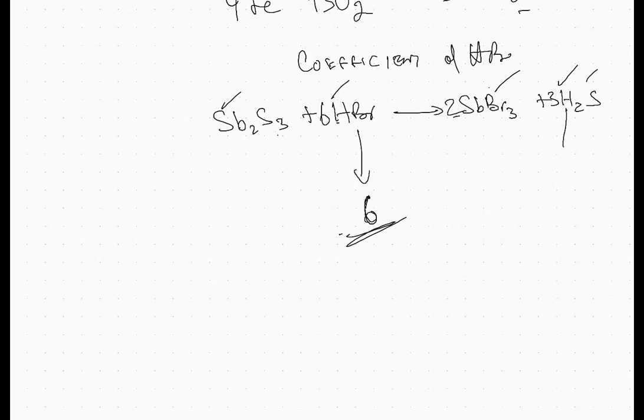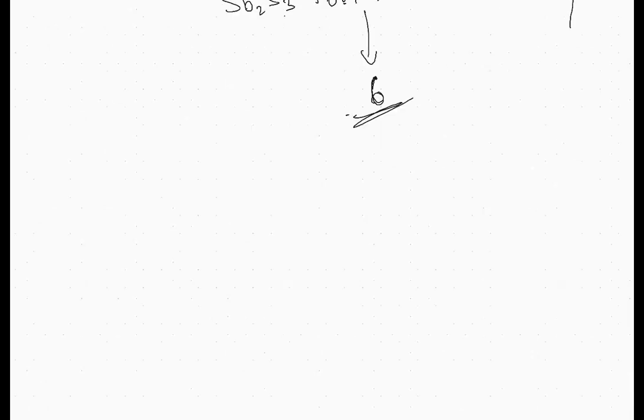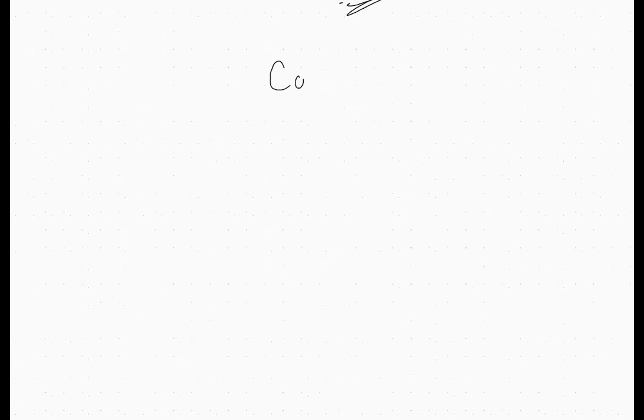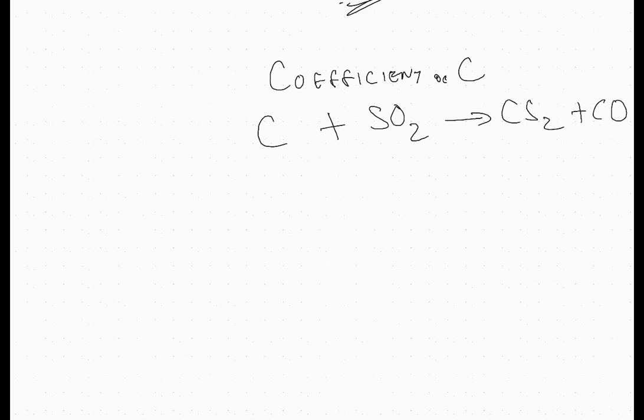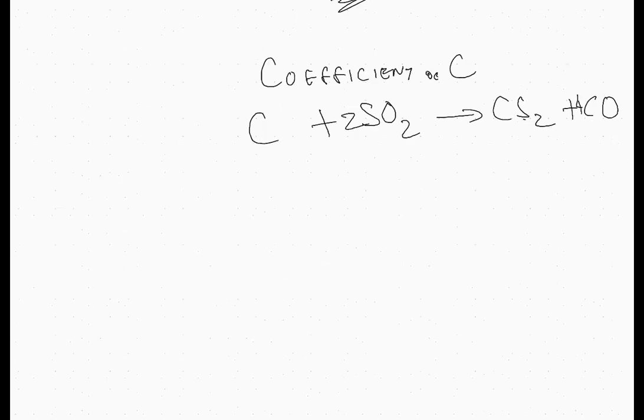What is the coefficient of carbon? So CS2 plus CO2, that's the equation given, right? Sulfur 2 here, so I put 2 here. Then oxygen, I need 4.